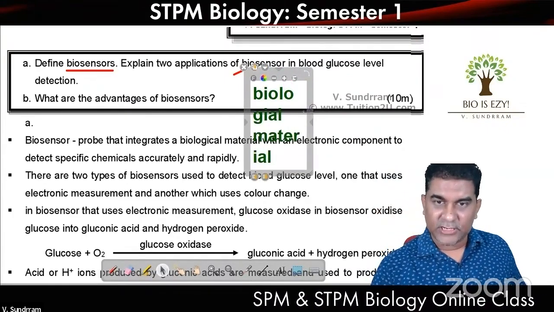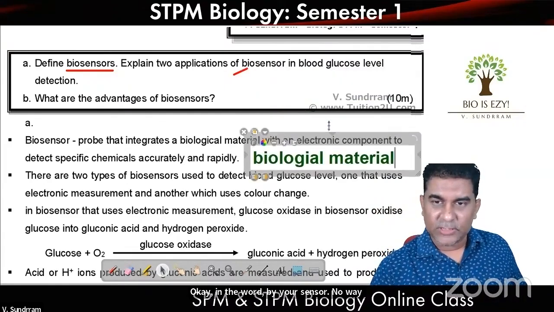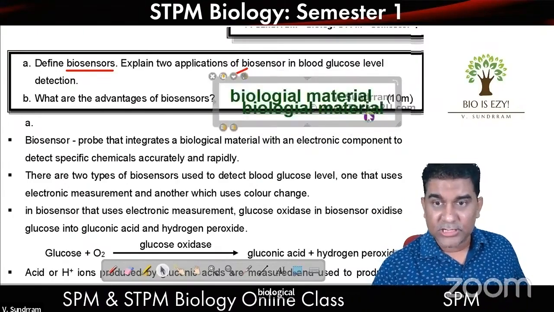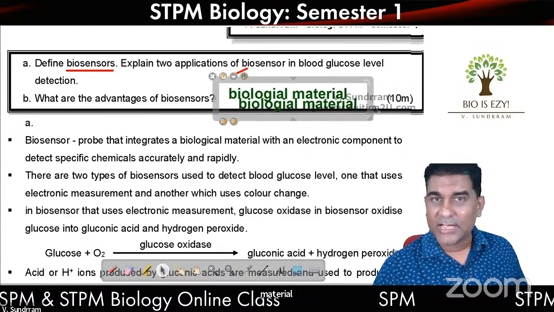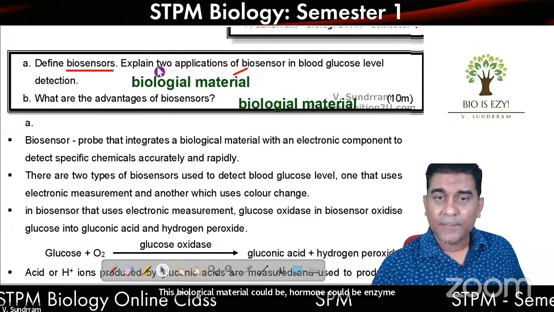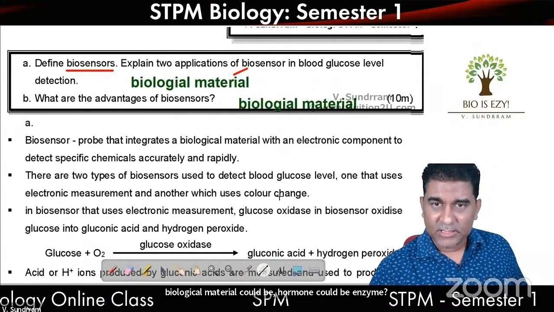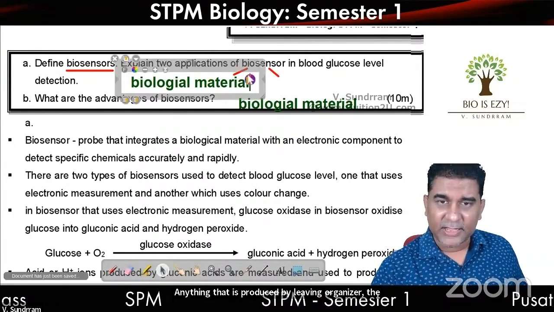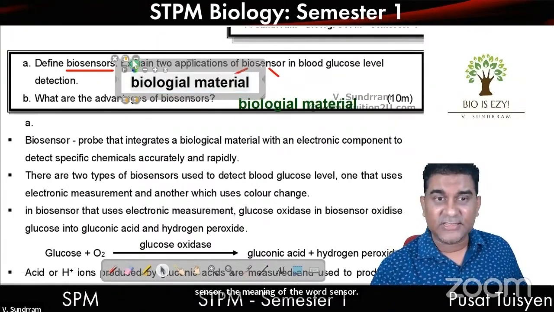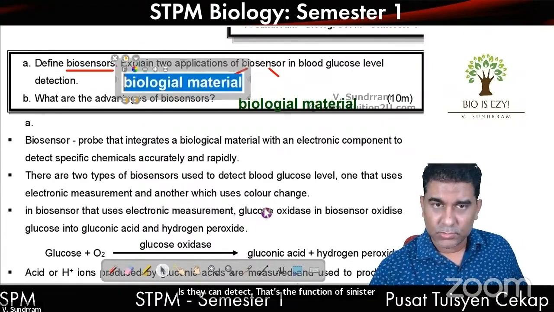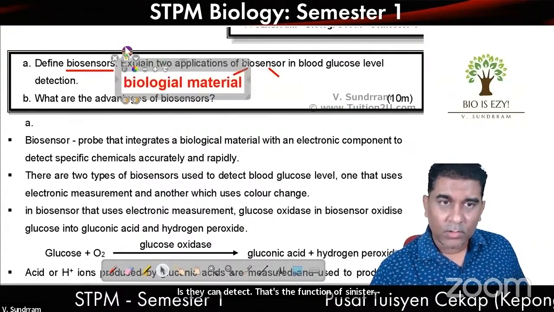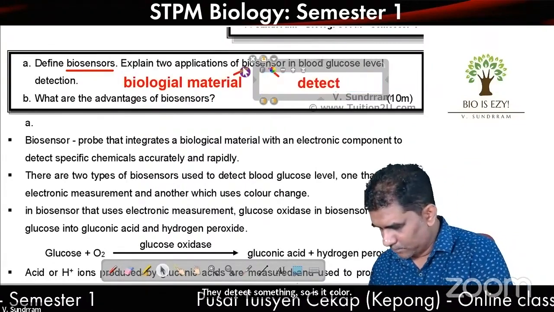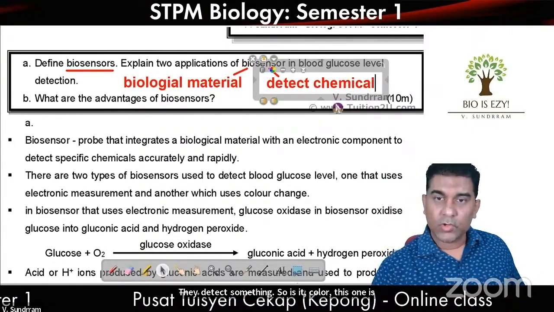In the word biosensor, the word bio is a biological material. This biological material could be a hormone, could be an enzyme, anything that is produced by a living organism. The meaning of the word sensor is that it can detect. That's the function of a sensor.